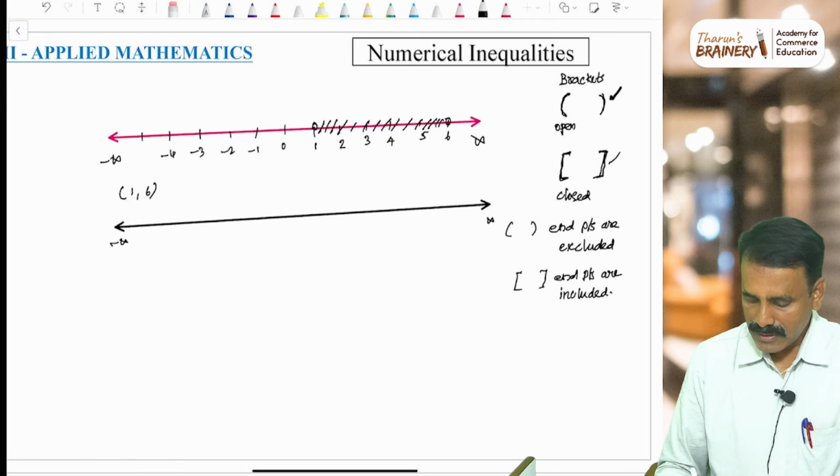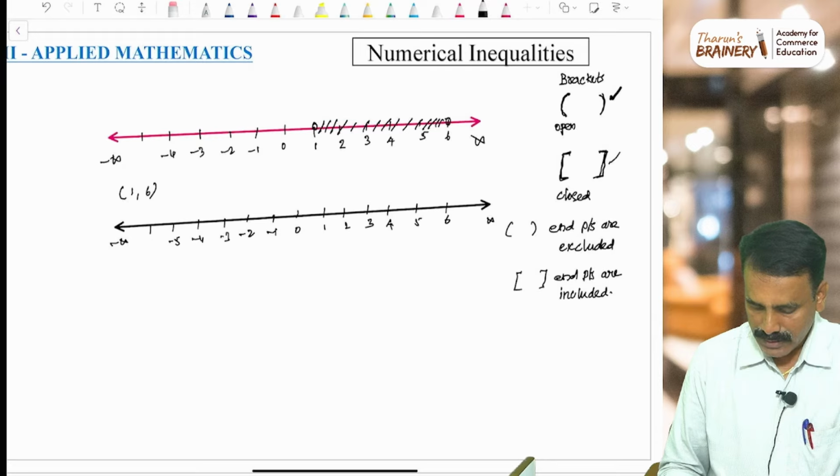Minus infinity, plus infinity, same expression: 0, 1, 2, 3, 4, 5, 6, minus 1, minus 2, minus 3, minus 4, minus 5, minus 6.